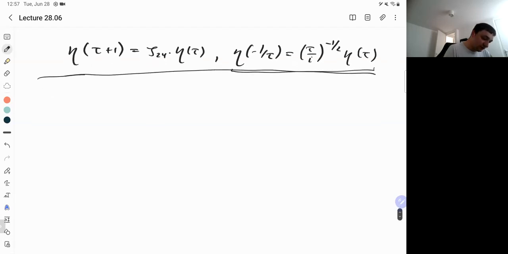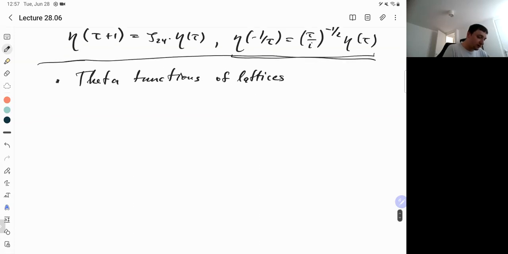What else? There are also theta functions, which will be a main topic tomorrow. Theta functions of lattices. I will be very brief now, but basically it's a function which counts the vectors of each length in the lattice.